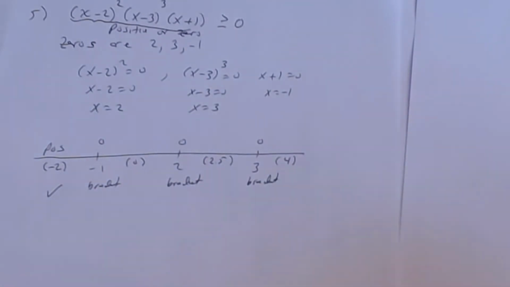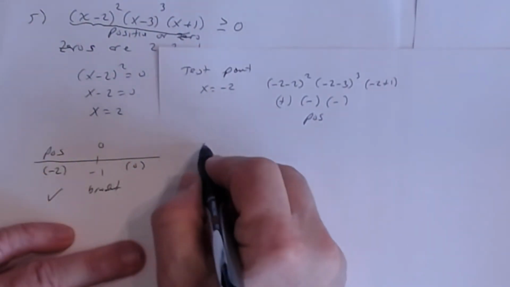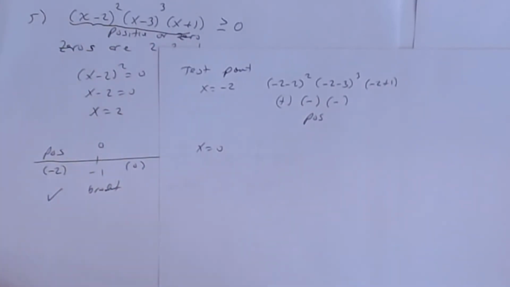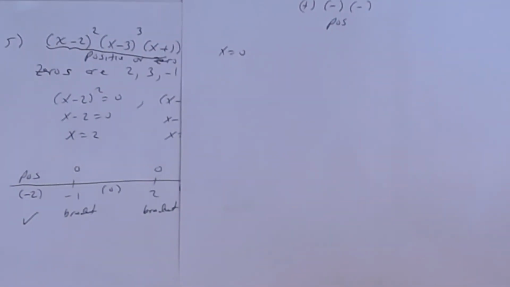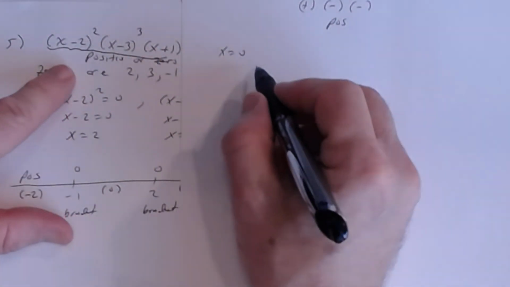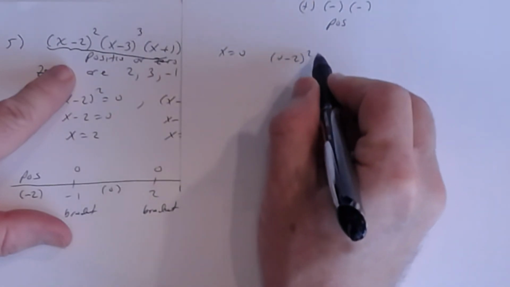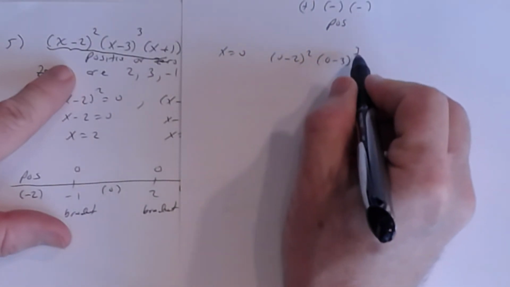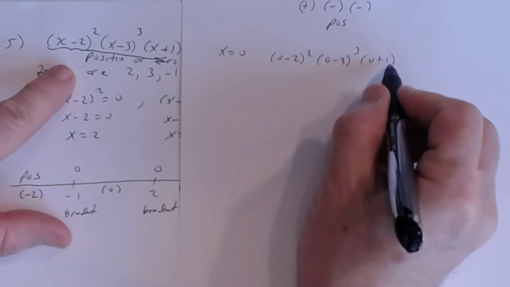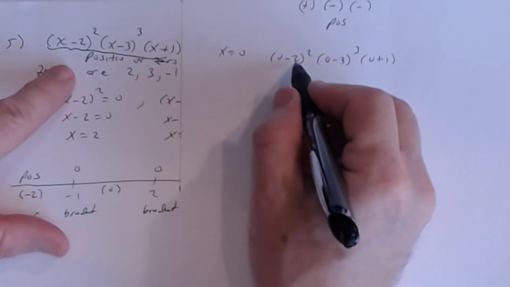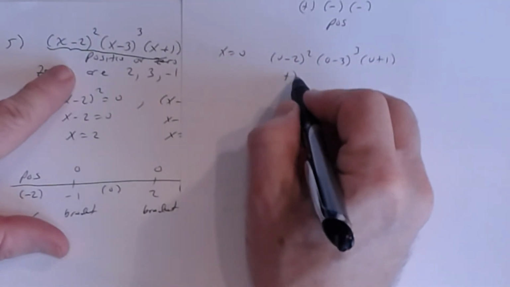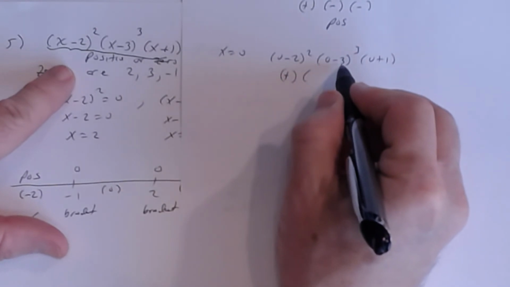Test point 0. So if I use x equals 0 next, and I put that into the factored part, I get 0 minus 2 squared, 0 minus 3 cubed, 0 plus 1. 0 minus 2 is negative. A negative raised to an even power is still positive. 0 minus 3 is negative.